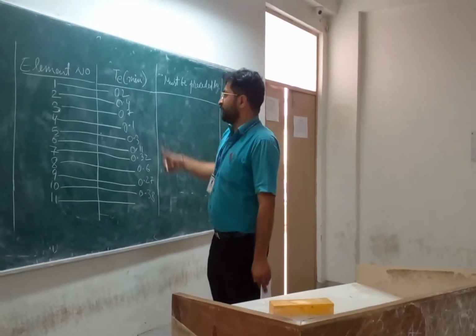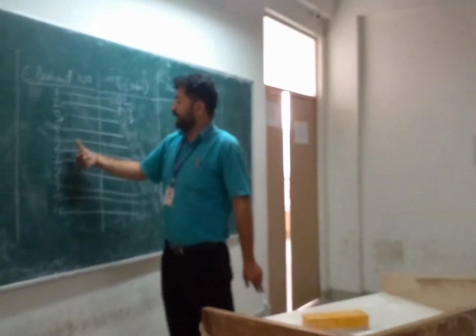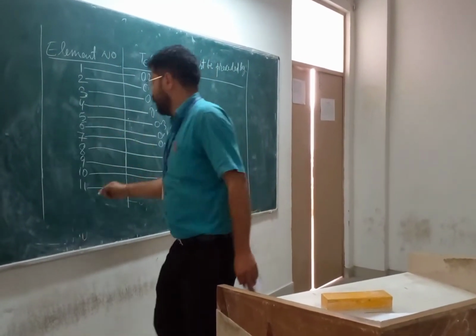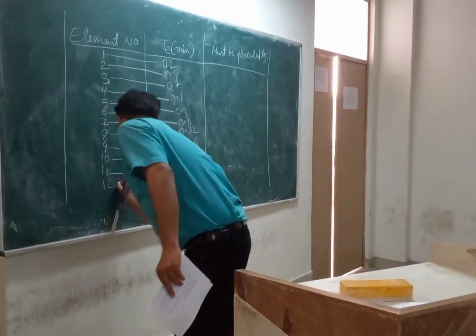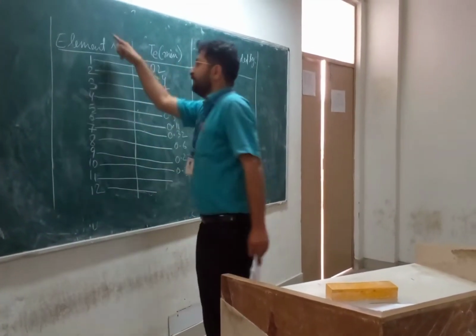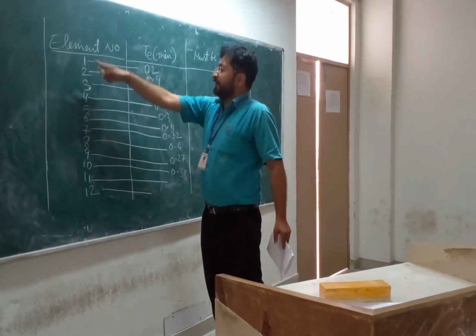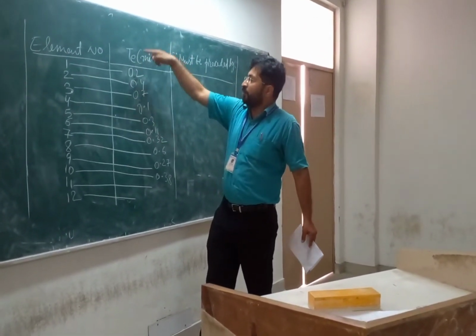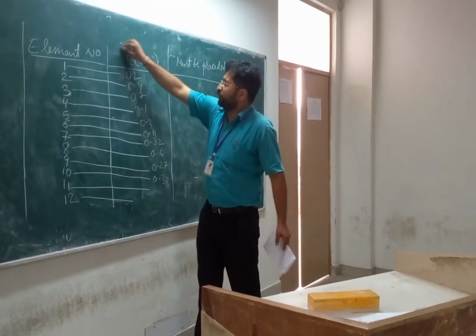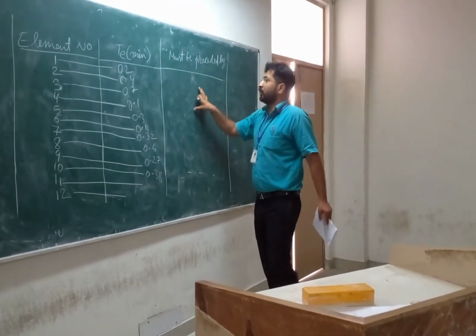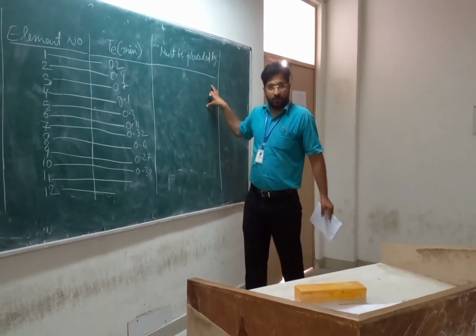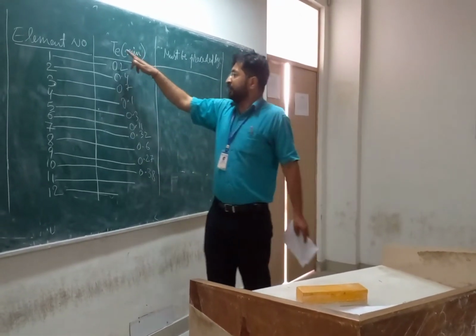To solve this numerical, first we will be plotting the element number, from 1 to 12. In this column first we will write the element number, in the second column the process time, and in the third column the precedence.